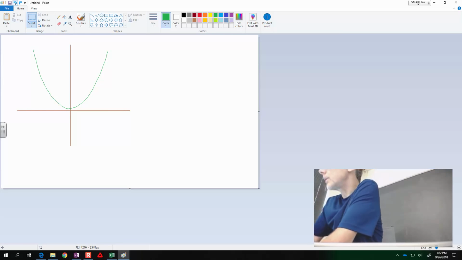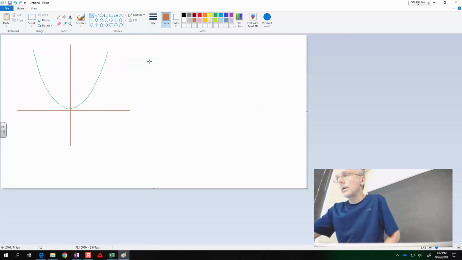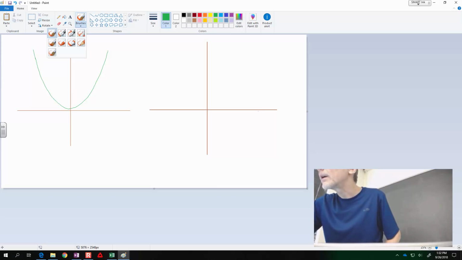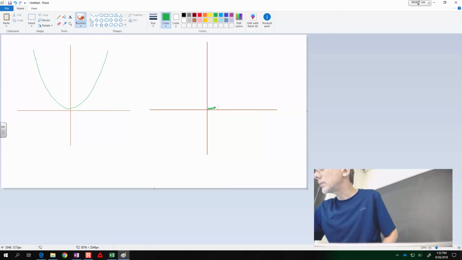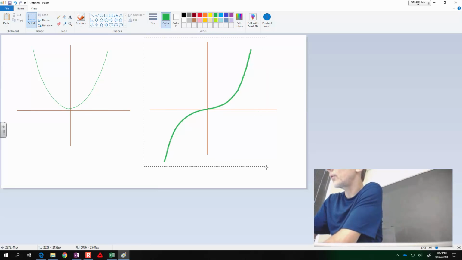Okay, so let's do now x cubed. The same axes, just for reference. Okay, and then I plot my curve. Okay, so once again I do this.